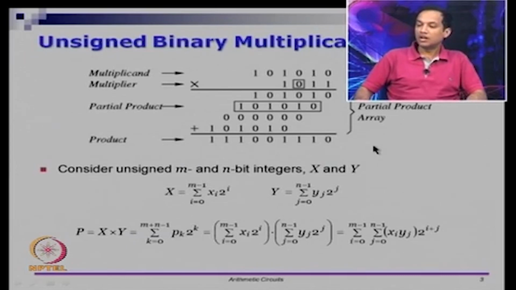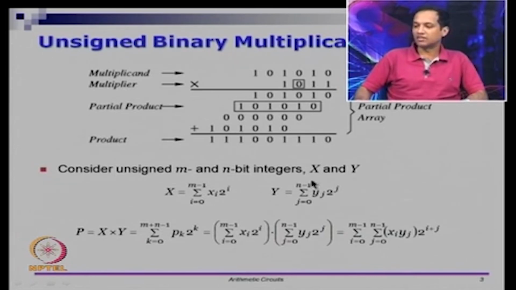Now, in general, let us say I want to multiply two numbers x and y, where x is an m bit number and y is an n bit number. Then the value of x is the sum over i equals 0 to m minus 1 of xi times 2 power i. This is an unsigned number, so it is a positional representation.